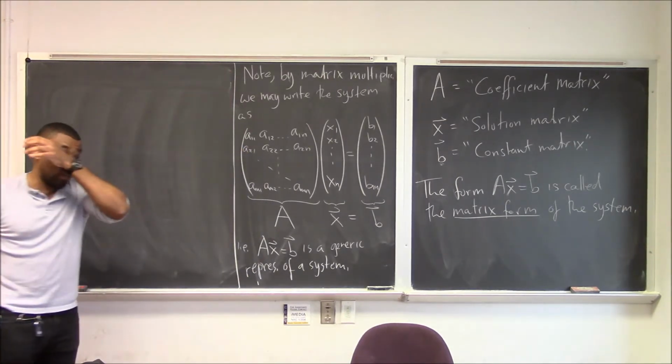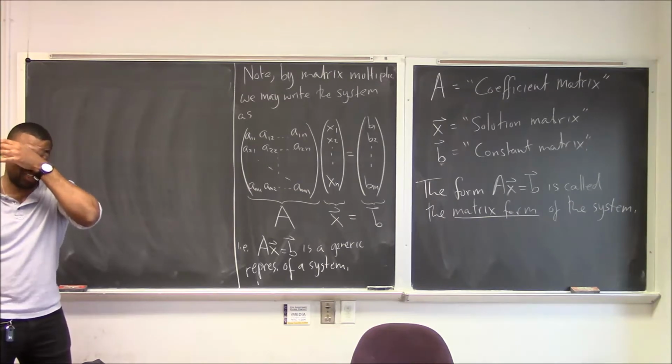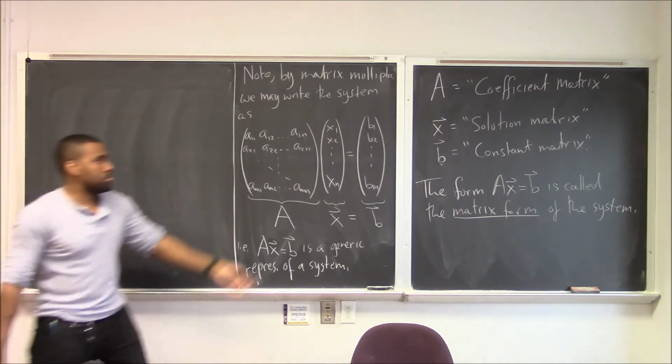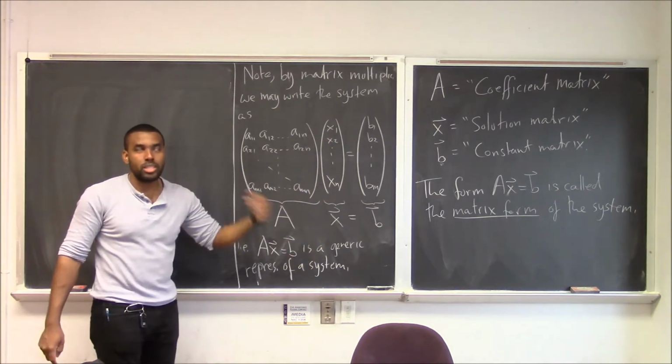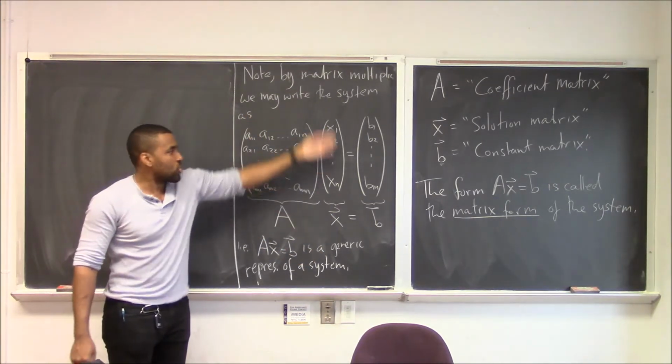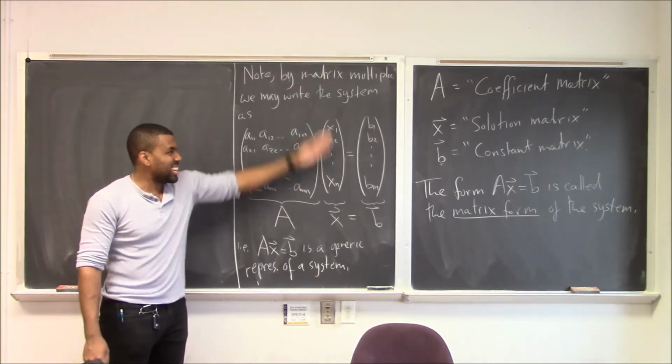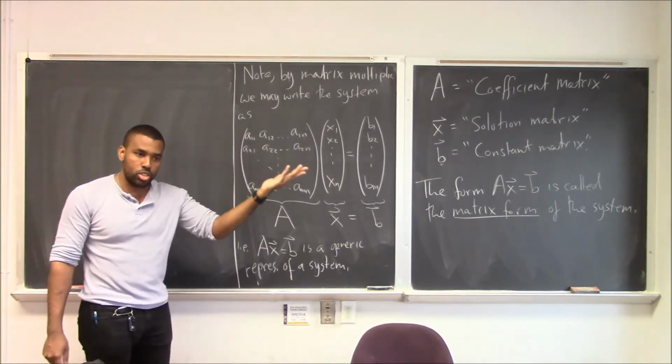Just as I did in lecture 1 where I showed you how to think of functions as matrices, I can ignore the variables because I would know in my head what they are. Writing them down is sometimes superfluous. So I can ignore them and it's understood that they're there.